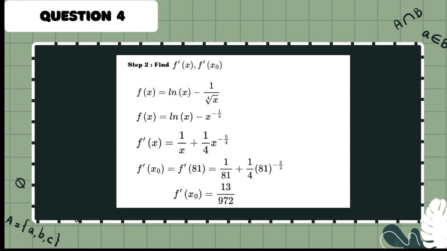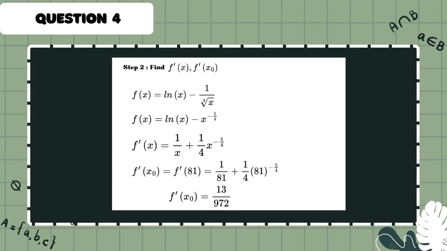Because the original expression has a minus sign, the derivative becomes positive. So f prime of x is 1 over x plus 1 over 4 times x to the power of negative 5 over 4. Then we substitute x naught, which is 81. So f prime of 81 is 1 over 81 plus 1 over 4 times 81 to the power of negative 5 over 4. After simplifying, the value becomes 13 over 972.